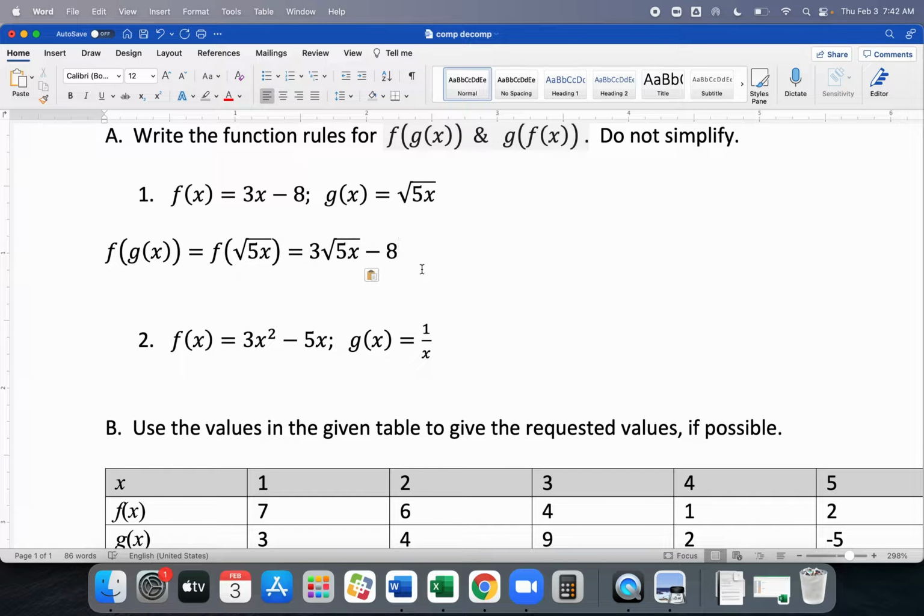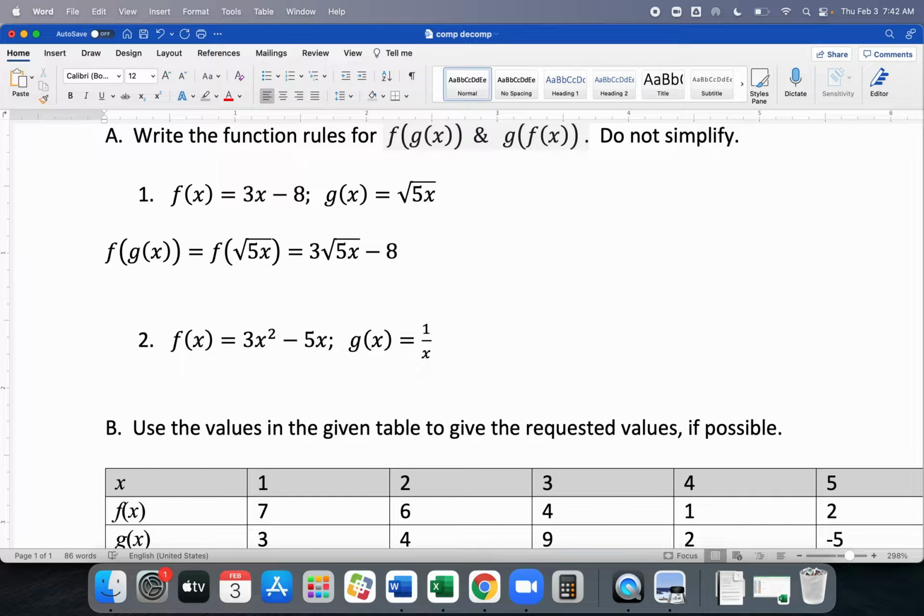And so if you do have to do a sequence of processes over and over again, or want a general formula for how this sequence of processes comes out, that's why you might want to write a composition of functions instead of keeping it as 2 separate processes, or more than 2. But this is f of g of x.